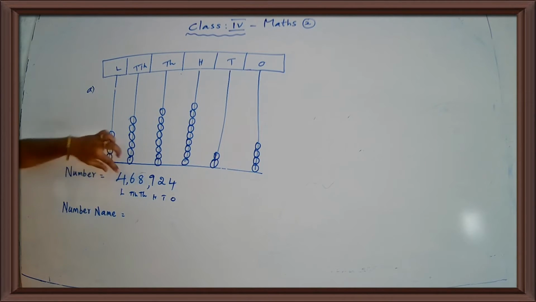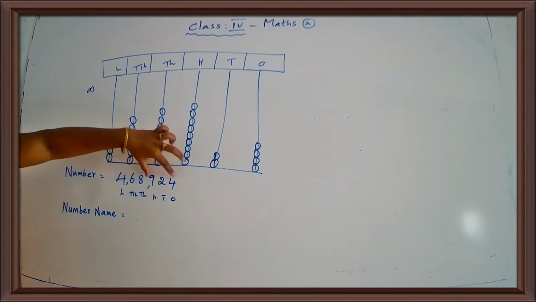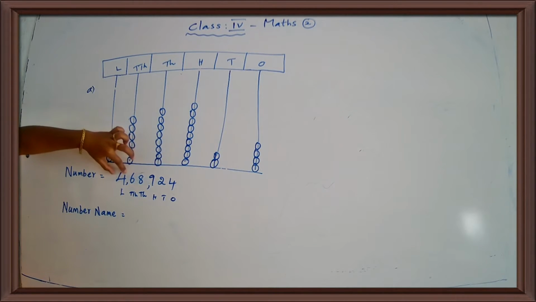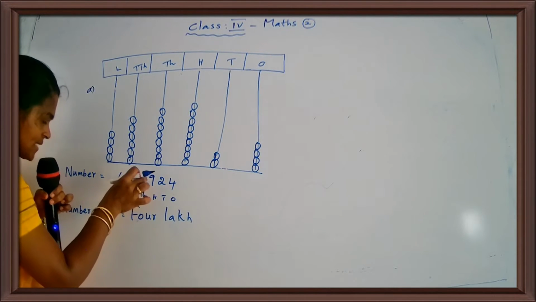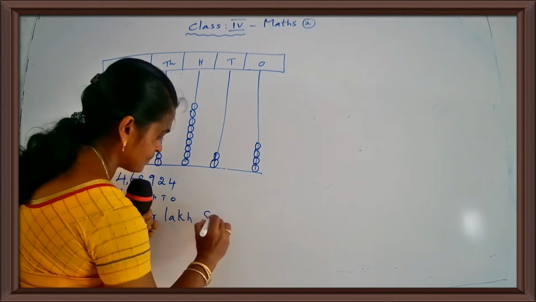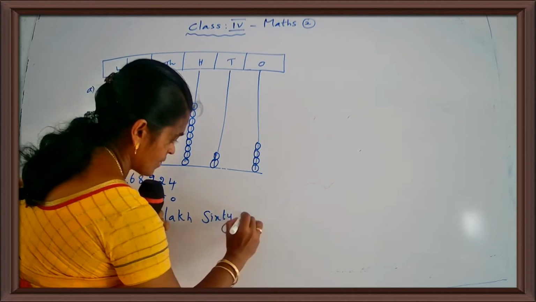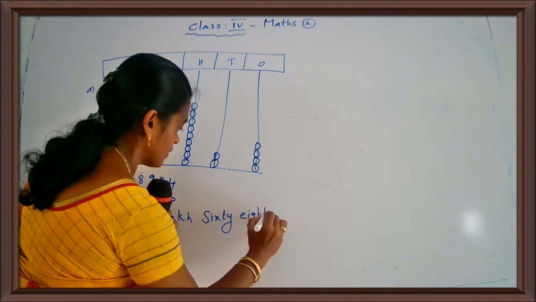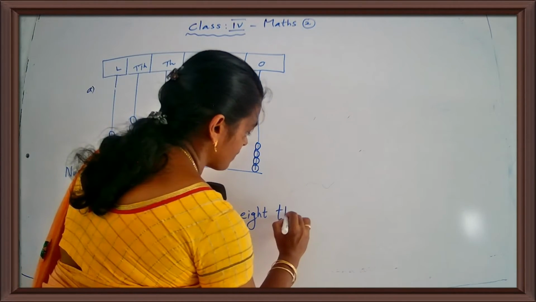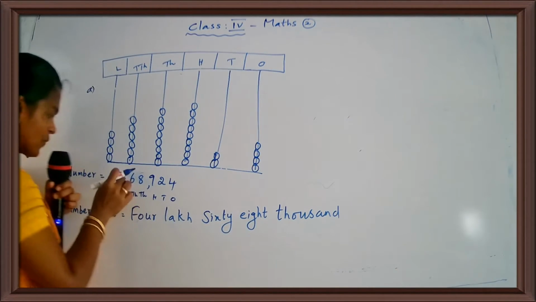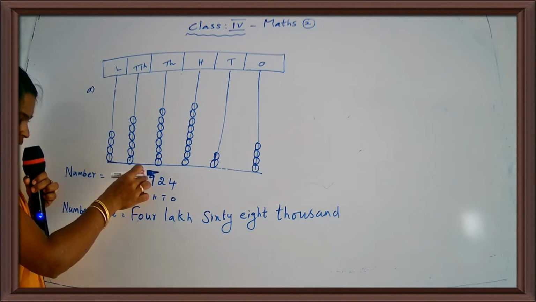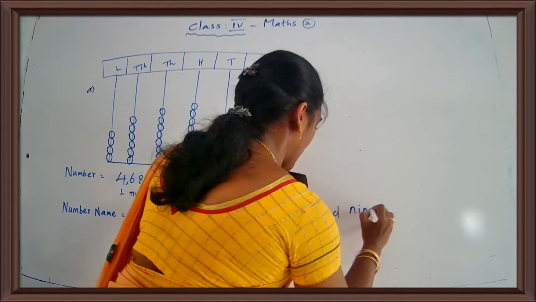So 4 lakh. This period is lakh. This is the thousands period. This is the ones period. So 4 lakh, 68,000, 4 lakh 68,924.